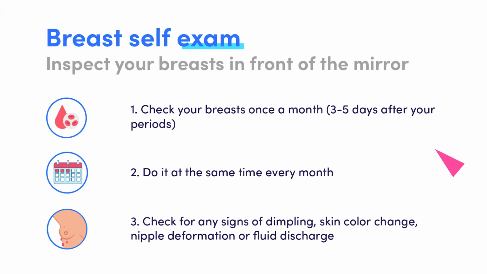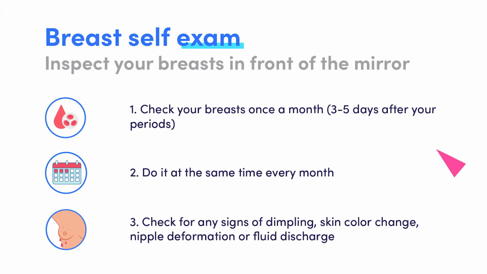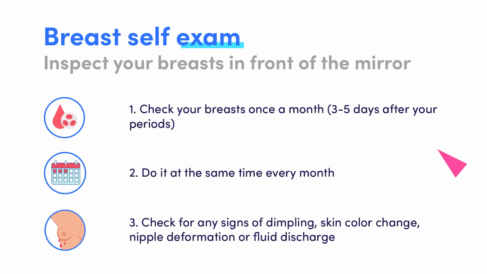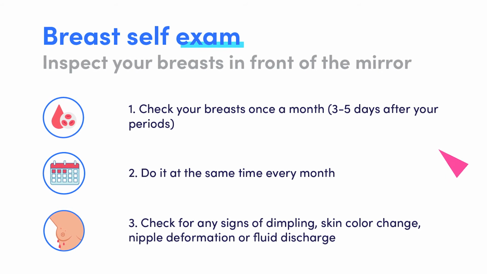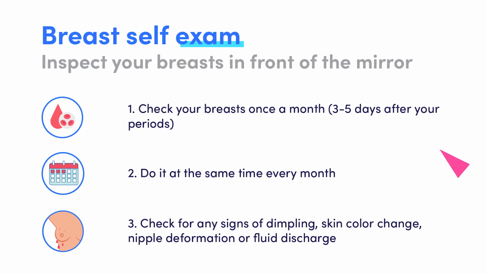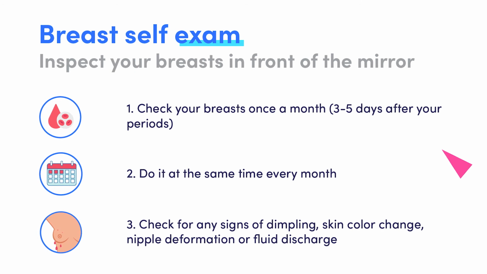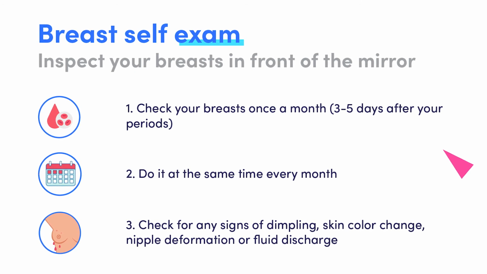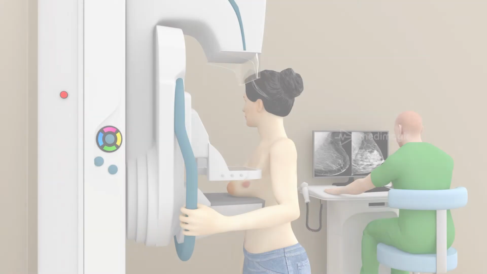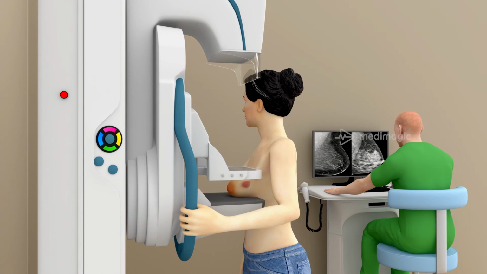For women, the best time to do a monthly self-breast exam is about 3 to 5 days after your period starts. Do it at the same time every month, as your breasts are not as tender or lumpy at this time in your monthly cycle. Apart from a breast exam, your doctor may conduct a breast ultrasound, diagnostic mammogram, or biopsies to diagnose breast cancer.